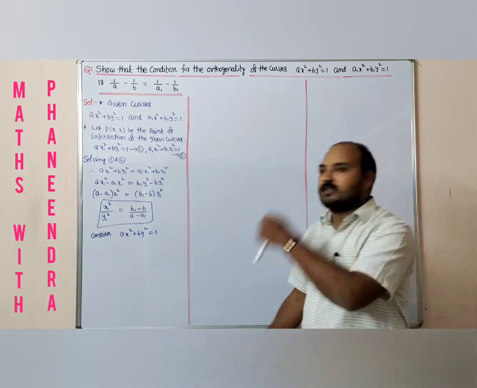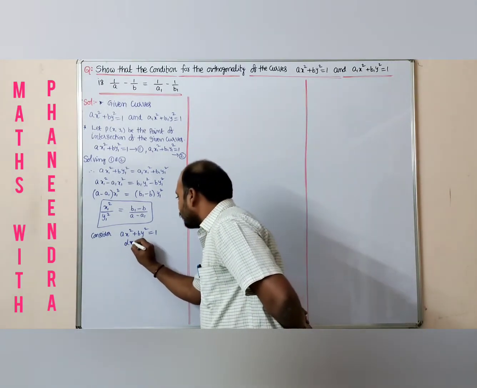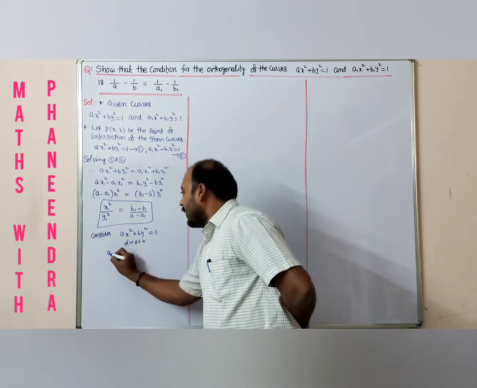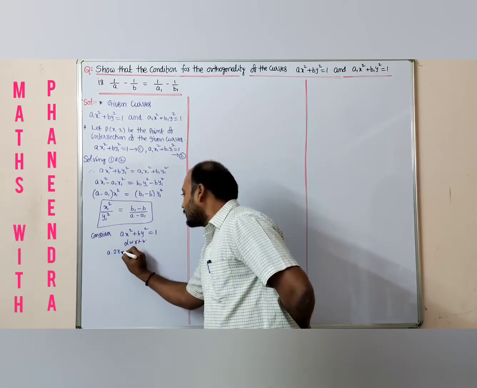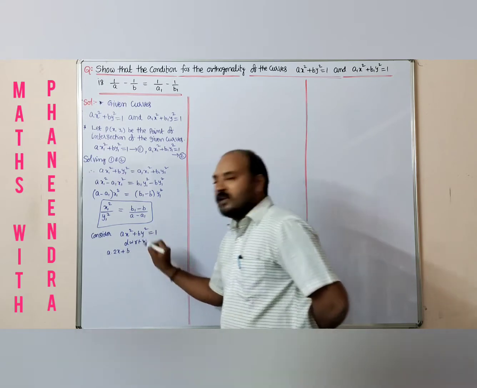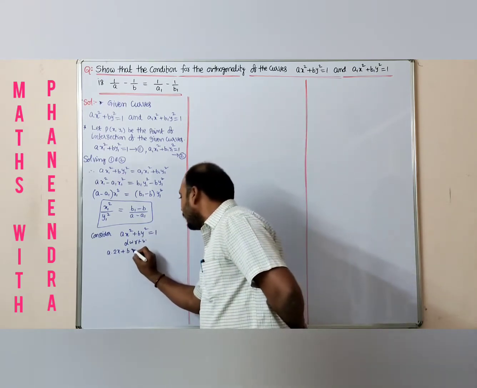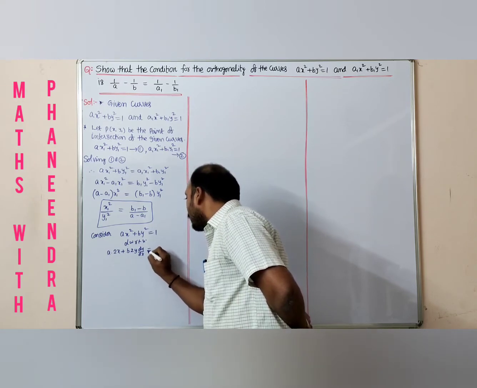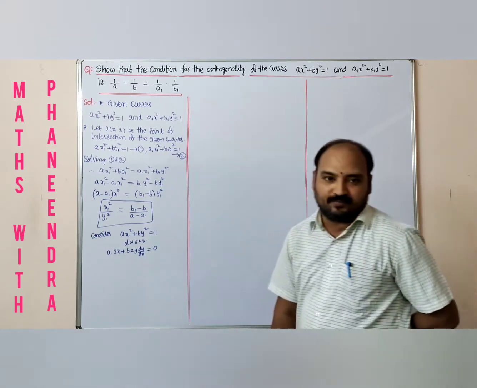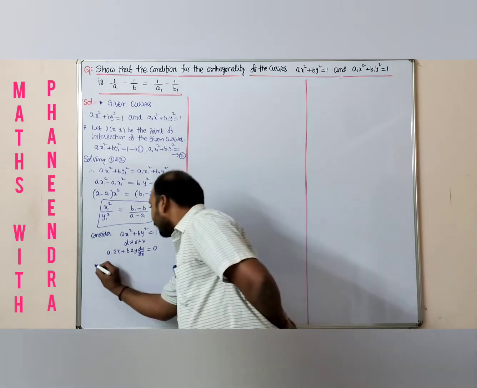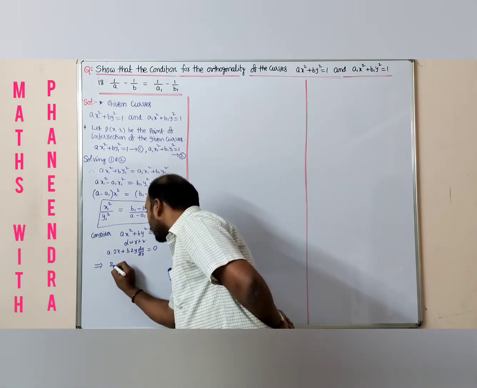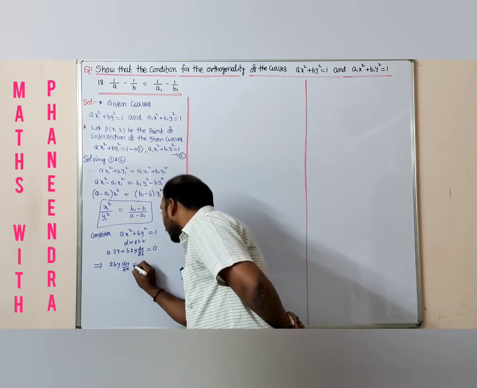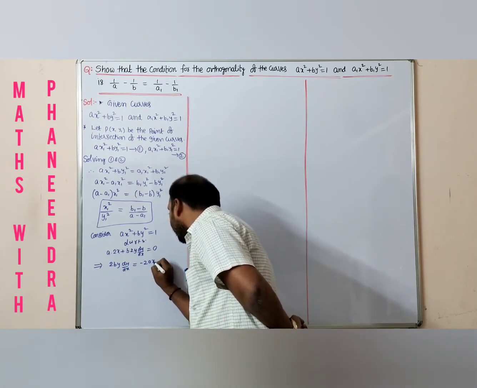So differentiate with respect to x. a into d by dx of x square is 2x, plus b into y square derivative is 2y, again y derivative is dy by dx, is equal to constant derivative is 0. So that implies 2by into dy by dx is equal to minus 2ax.